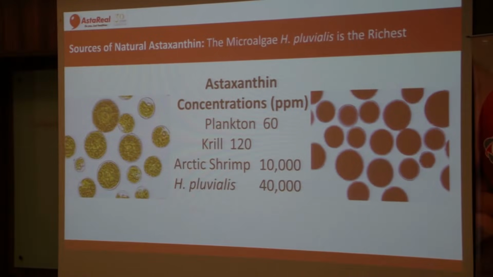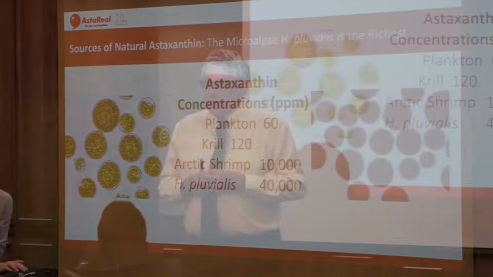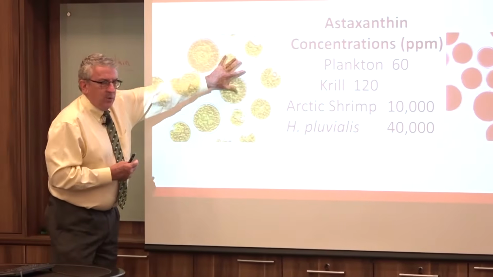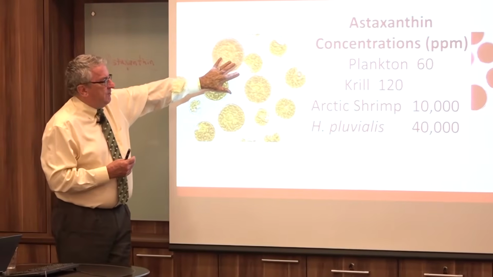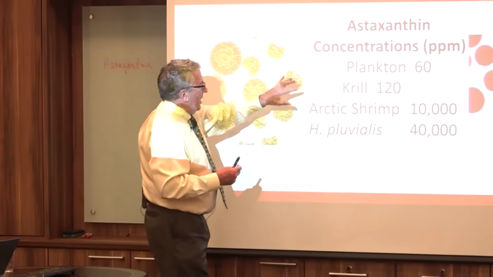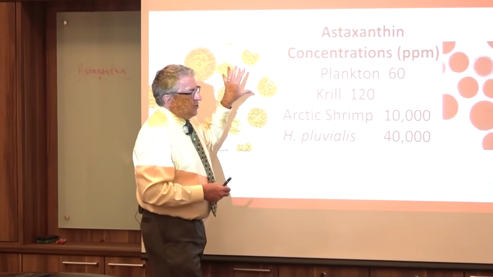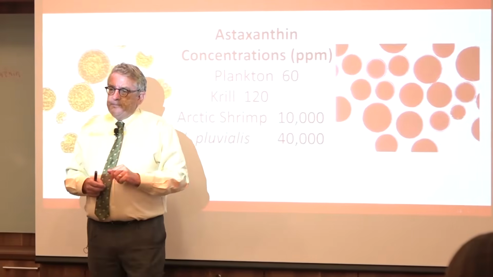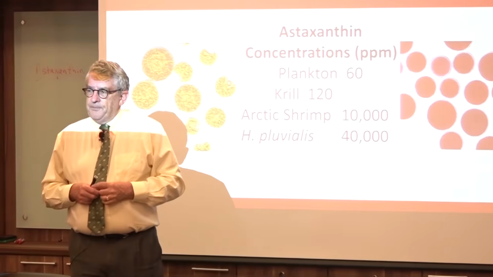It's a unicellular algae, a microalgae. One of the things is, like all plants, it uses chlorophyll to create energy and substrates. And when it's stressed, it makes astaxanthin in large amounts.